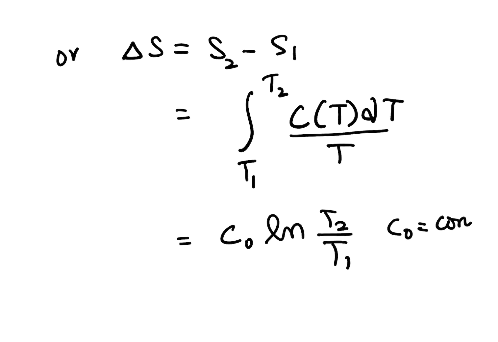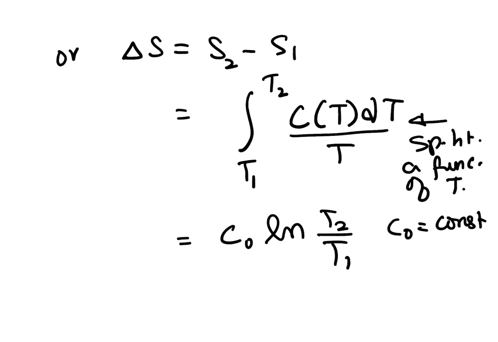If c naught is not a constant, then I would need to go through the integration as per this equation, with specific heat a function of temperature.